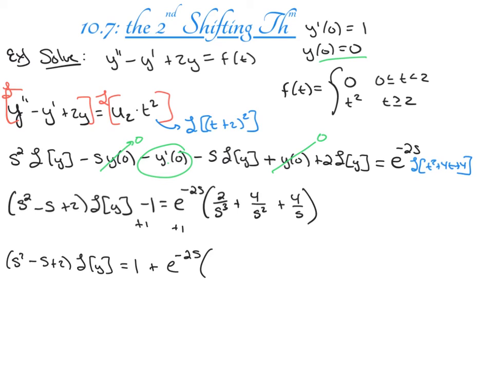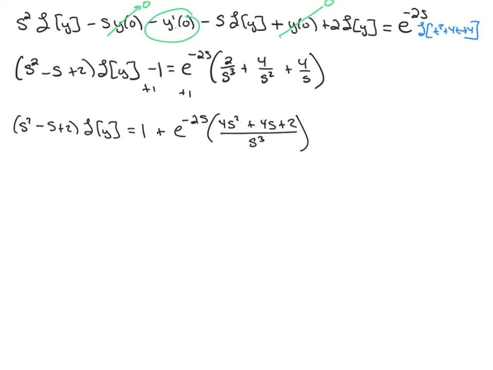And I may as well combine these into a single fraction: 4s squared plus 4s plus 2 all over s cubed. And then divide both sides by s squared minus s plus 2. Okay, scooch up so we can do that.